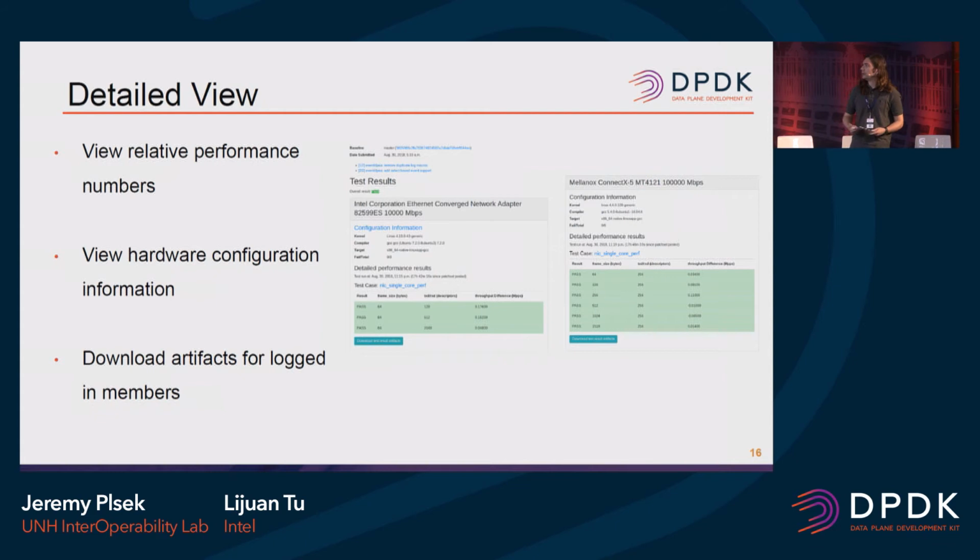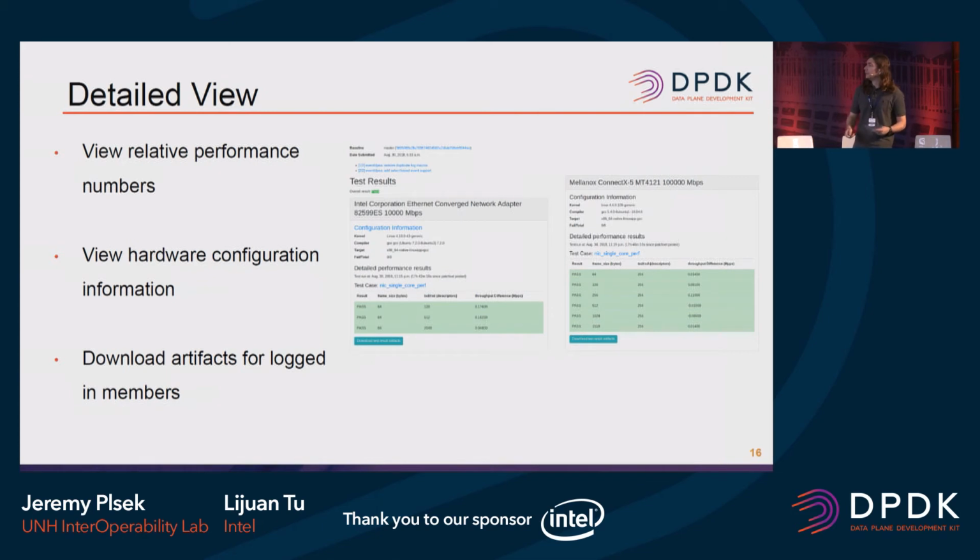Once you click on a specific patch set, it brings you to the detailed view page. From this page, you can view the actual relative performance numbers, the hardware configuration and the test setup, and members can download artifacts generated by Jenkins.